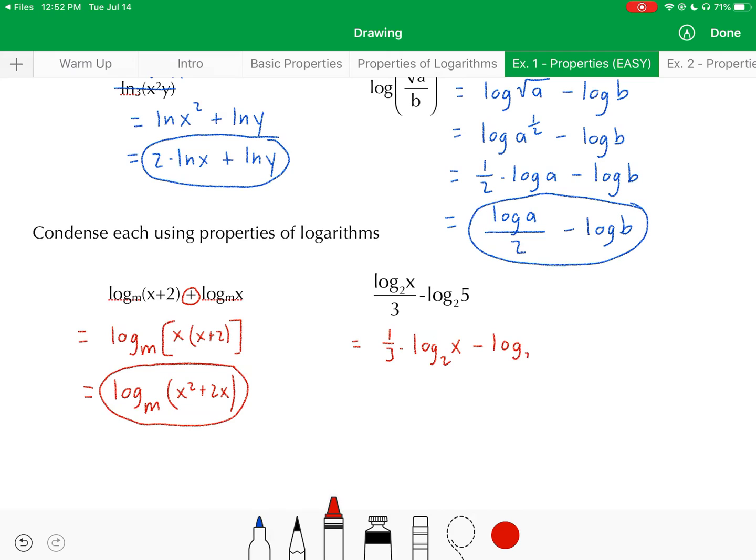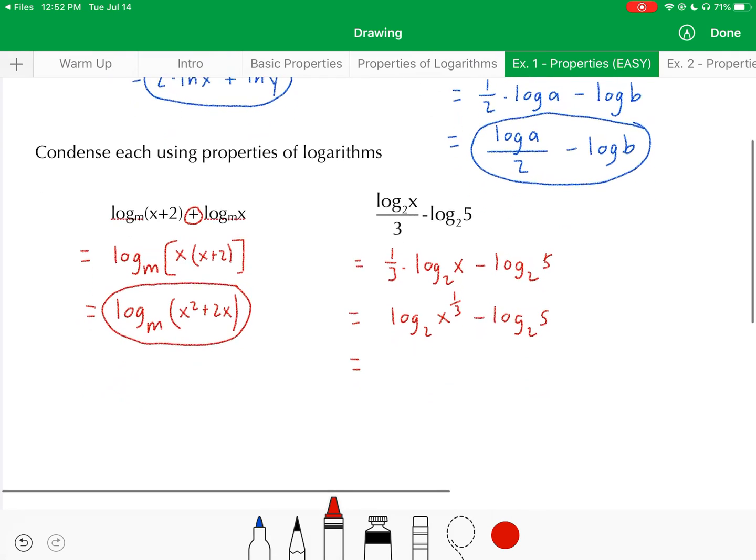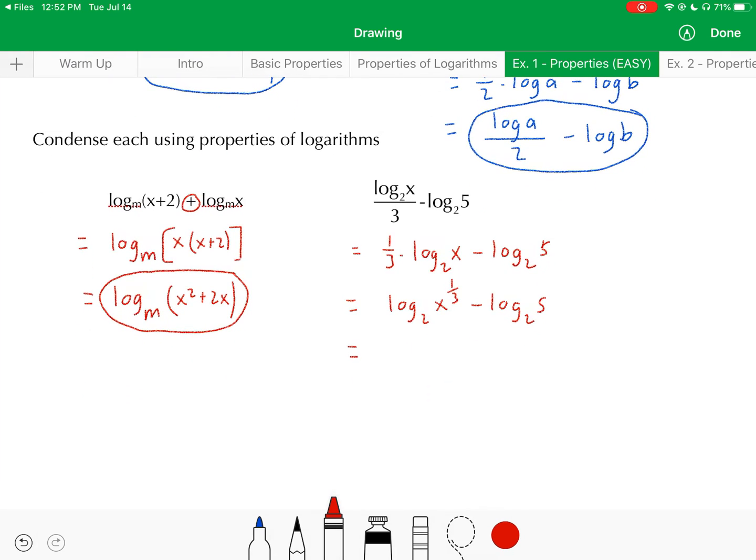So when I think of it like that, I can use a power property. I can bring that power of 1/3 up on x, and we have to recall that raising something to the 1/3 power is the same as cube rooting it.